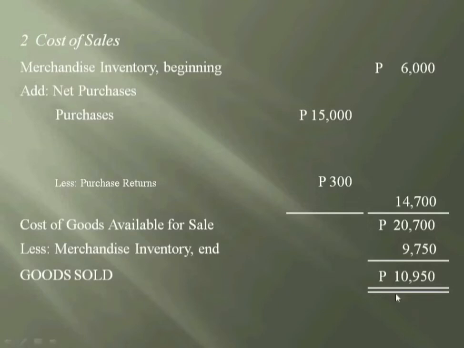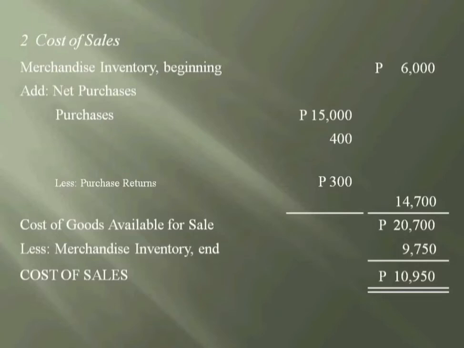Because this 10,950 is in terms of money, we can describe it as not just goods sold, but as cost of goods sold or cost of sales. As additional information, let's assume that when you purchase the 100 chocolate bars online, your store shouldered the transportation or delivery cost from the seller to your store, which amounted to 400 pesos.